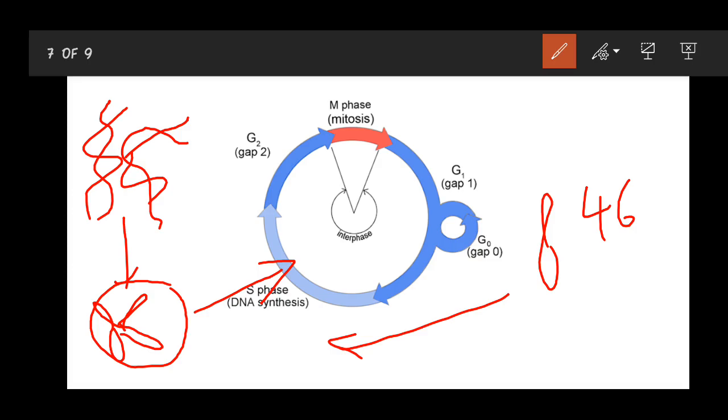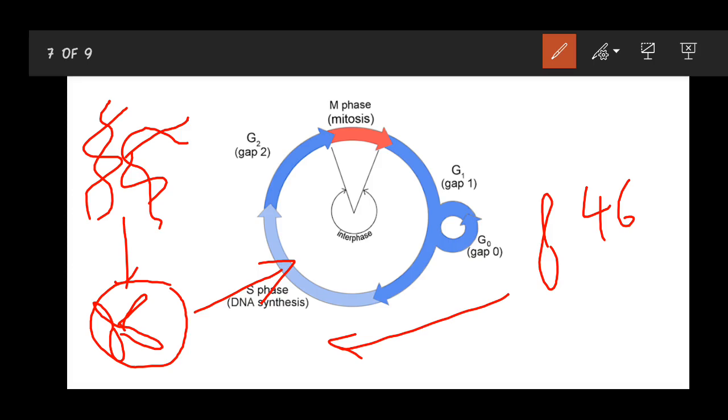So every one of the 46 chromosomes, or the 23 pairs, has now replicated and produced its own copy of chromatid. That means the number of chromatids doubles, but the number of chromosomes remains the same.